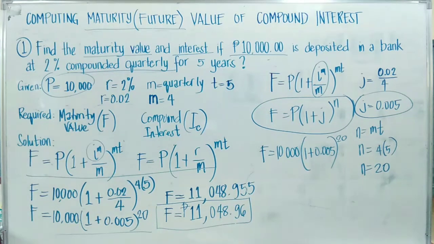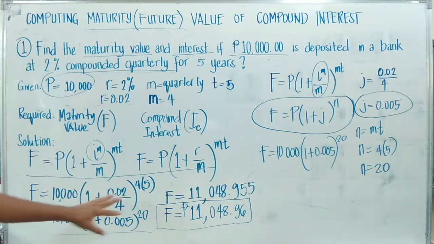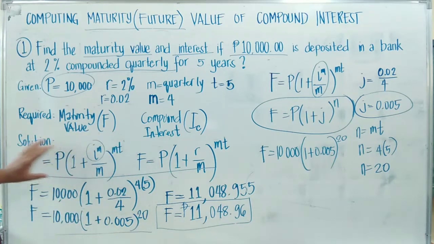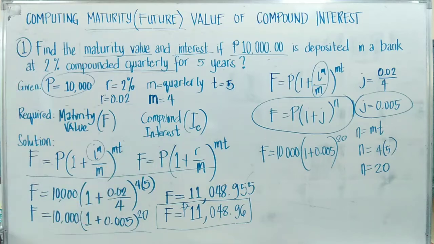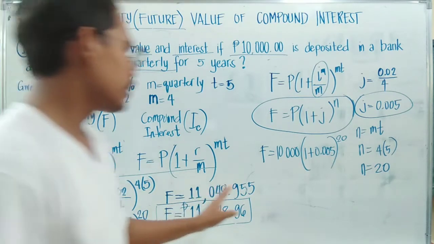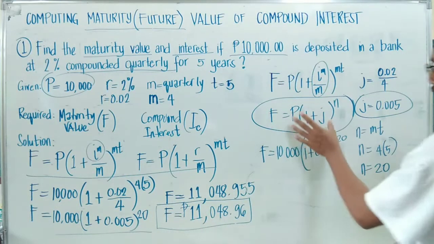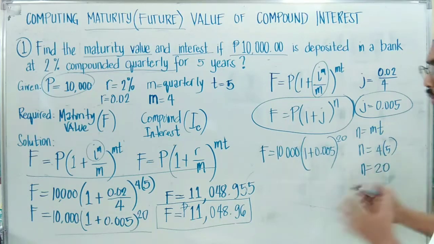But in my case, I will substitute from the original formula or equation, F equal to P times the quantity of 1 plus R over M raised to MT, because you will arrive at the same answer. So it's up to you.